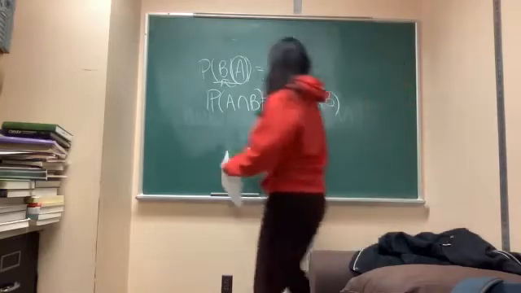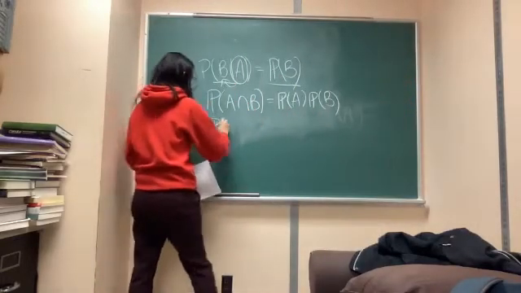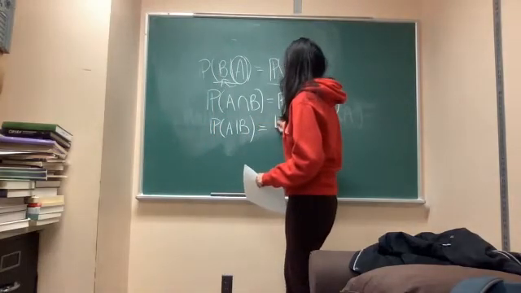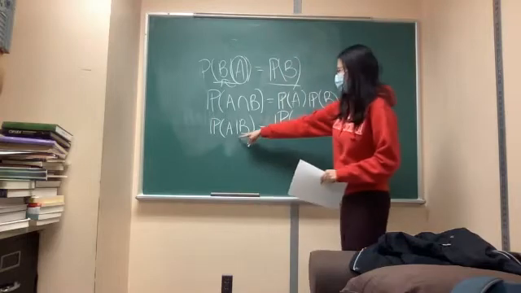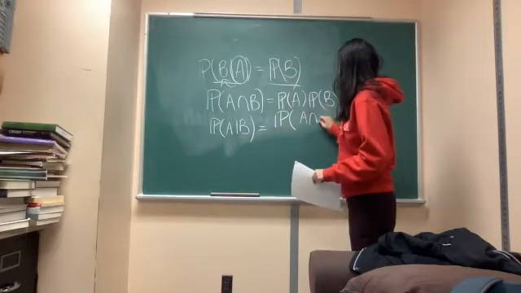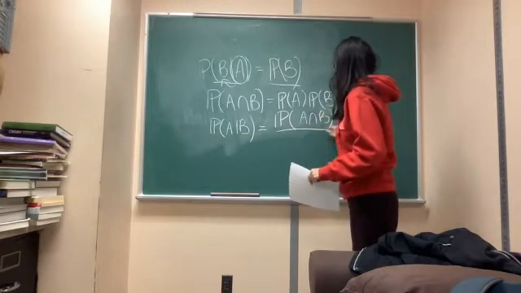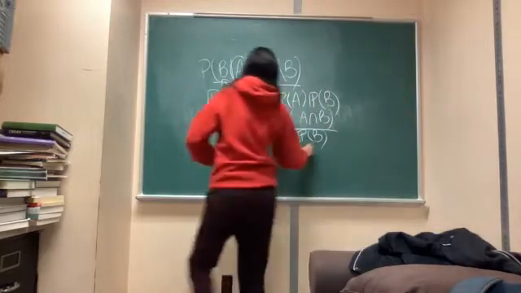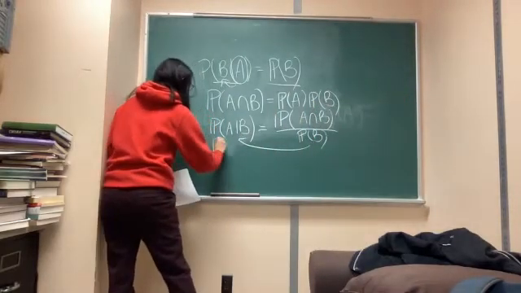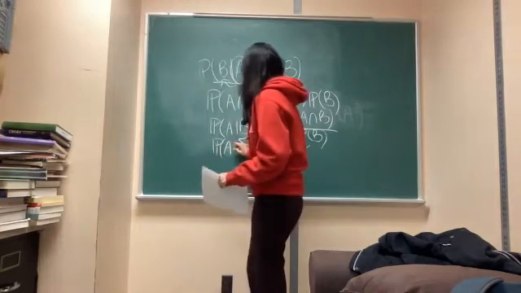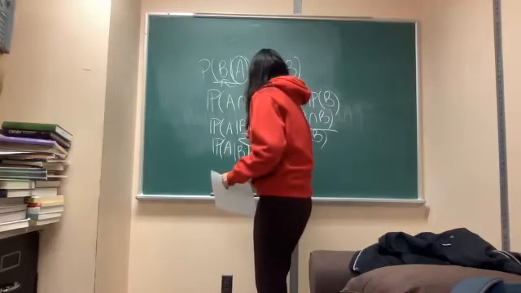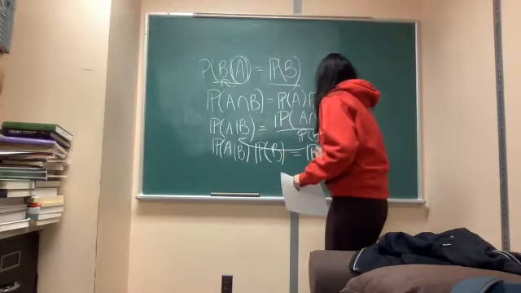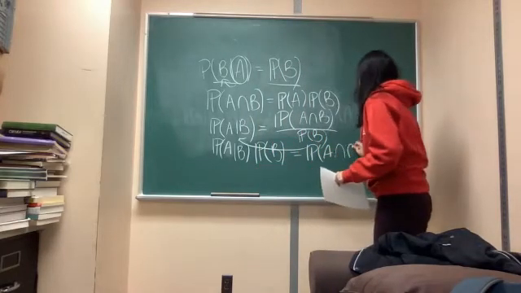Going by the definition of conditional probability, the probability of A given B is A intersection B over the probability of B, right? So then I multiply this over, and I have the probability of A given B multiplied by the probability of B equals the probability of A intersection B.